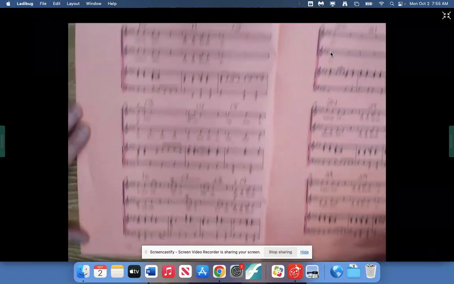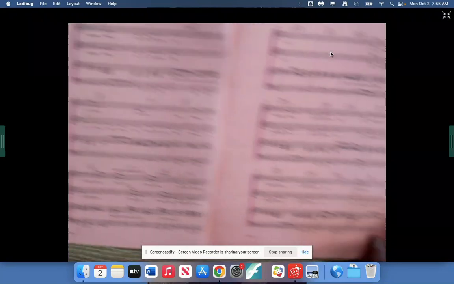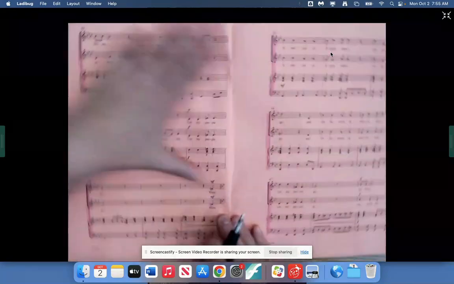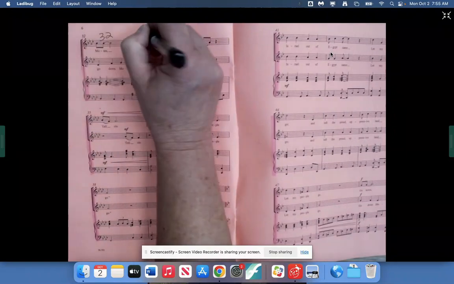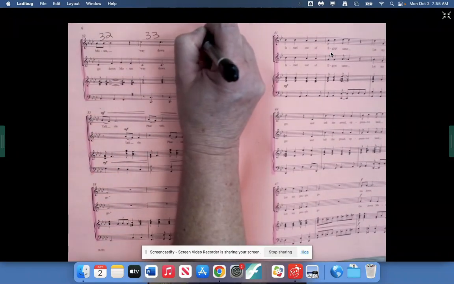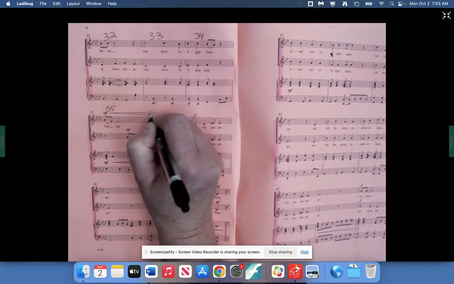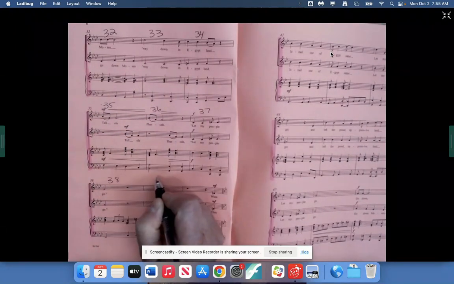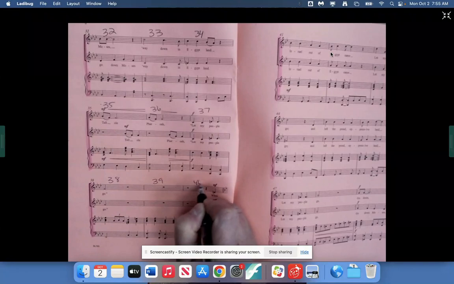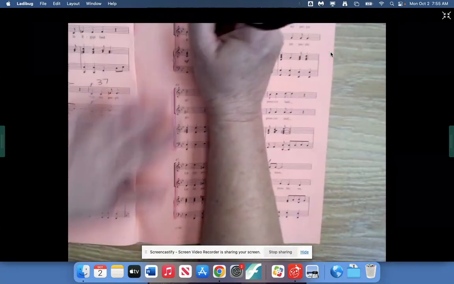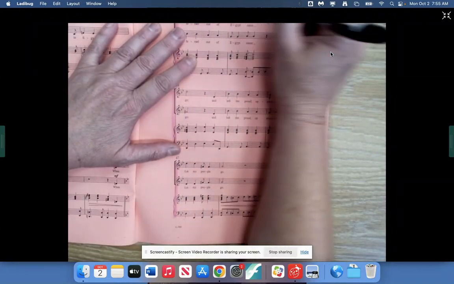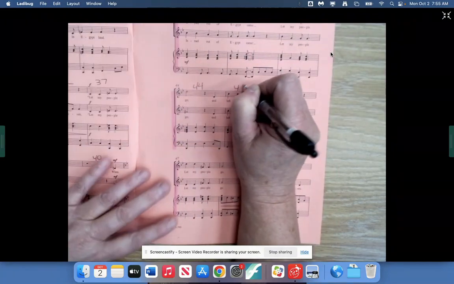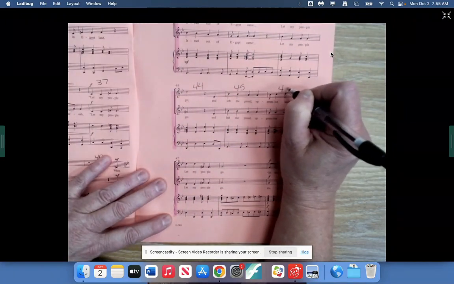Just hope that was in the camera well enough. 32. Use a pencil when you're writing these measure numbers in so you can see them.